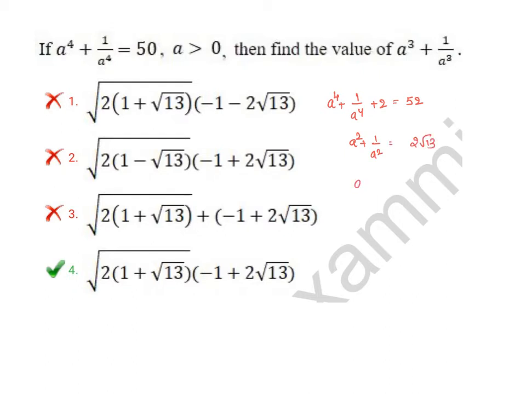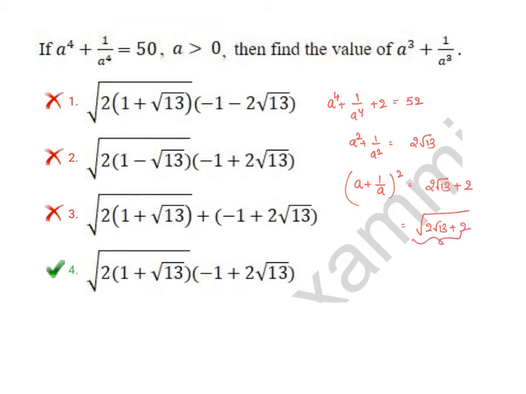Again add 2. This becomes a plus 1 by a whole square. If you add 2, then this becomes 2 root 13 plus 2 under root. A plus 1 by a is under root of 2 root 13 plus 2.